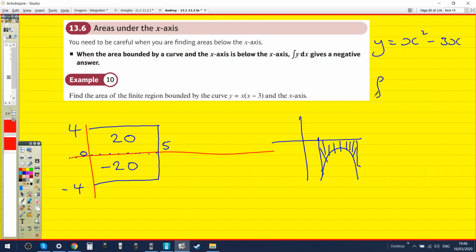And so that would be a third x cubed minus 3 over 2x squared. And then would I put x squared minus 3x into my graphical calculator? Yep.